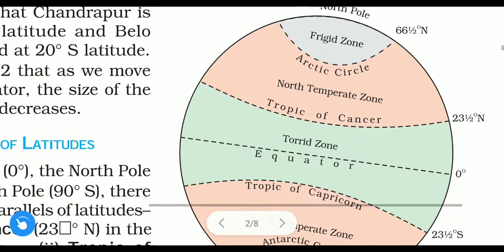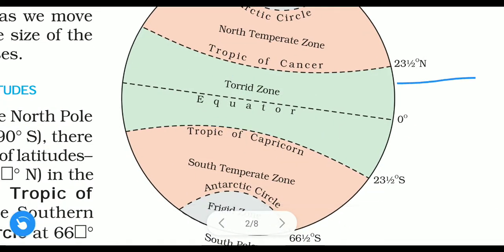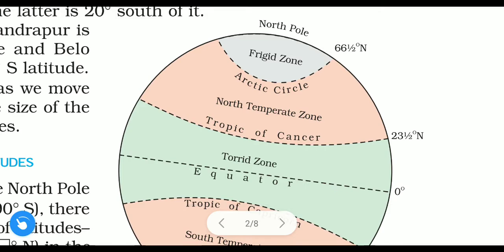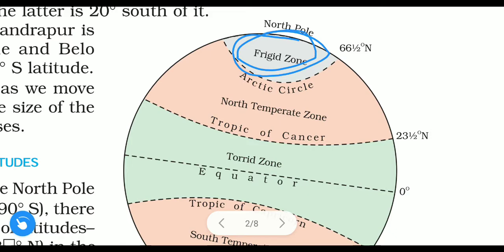Just understand, in the torrid zone the sun rays are perpendicular, exactly at 90 degrees. But from here up to here, the angle of the sun rays decreases. Here the sun rays are slanting, meaning inclining, so there is very little heat and it is very cold.